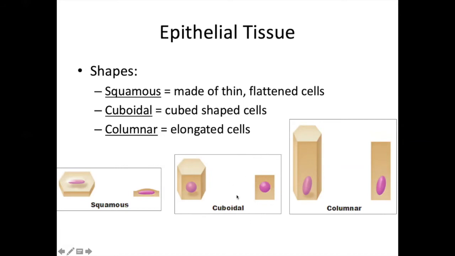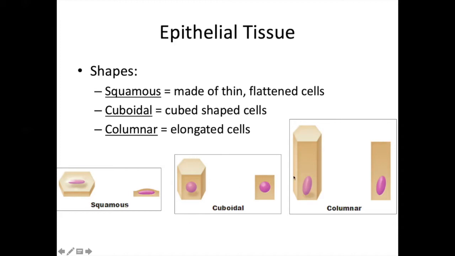Nothing is perfectly formed in biology, but it's going to be cube-ish, where the top and the bottom are going to be roughly the same length as the sides. And then columnar, elongated, meaning stretched out. They're going to be taller than they are wide. That's it. Easy shapes. The hard part is remembering the word. The shape is easy: flat, regular, and long.